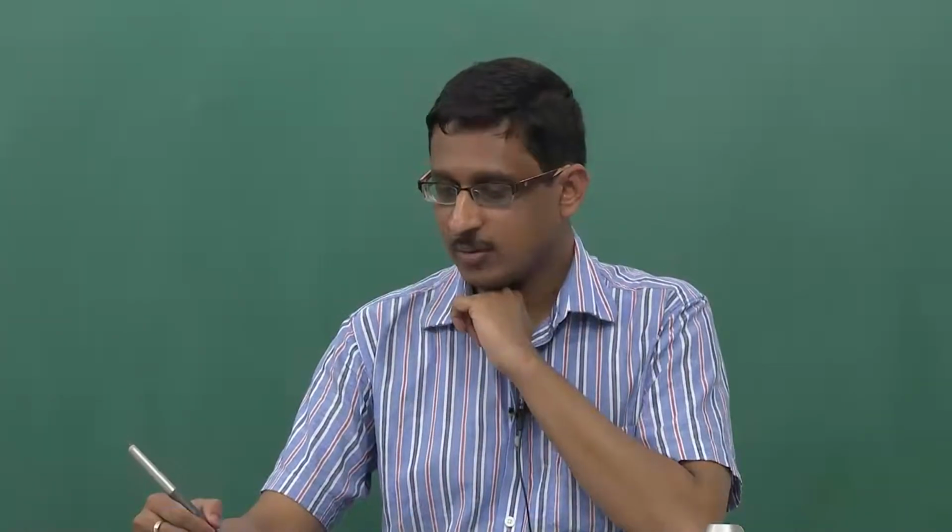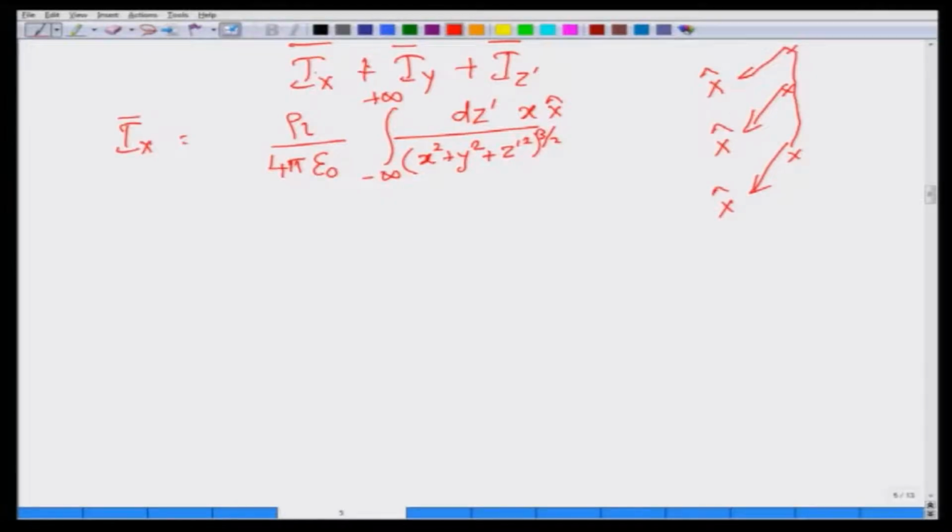The x vector is also not changing in magnitude, that is, the length of this arrow is not changing as I move up and down along the z axis. So in this particular case, we are fortunate that this entire term turns out to be constant with respect to the z axis.